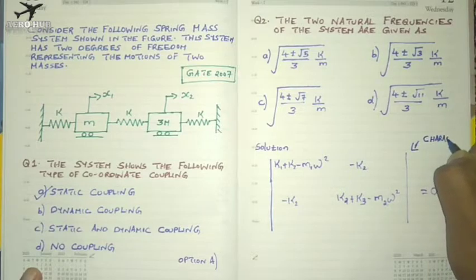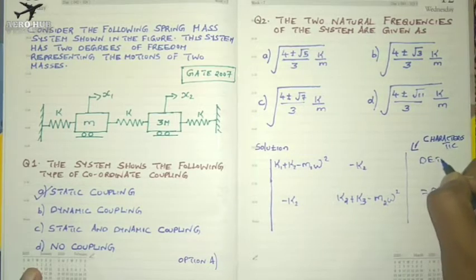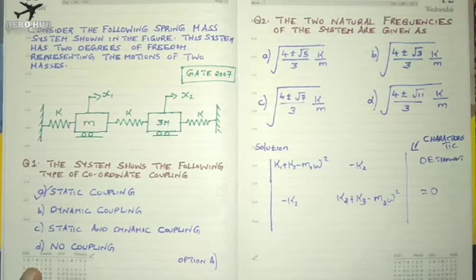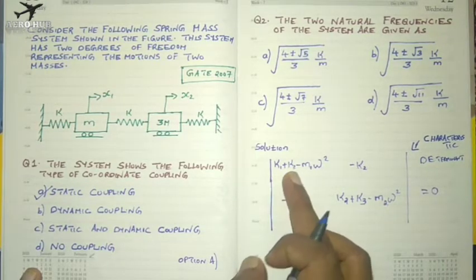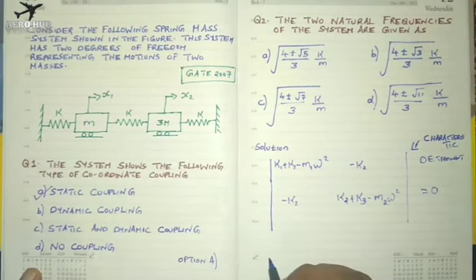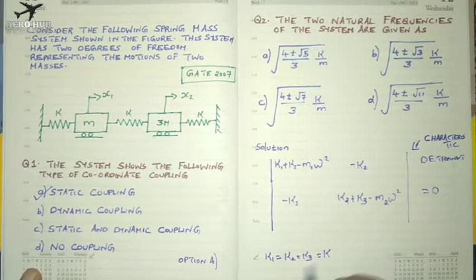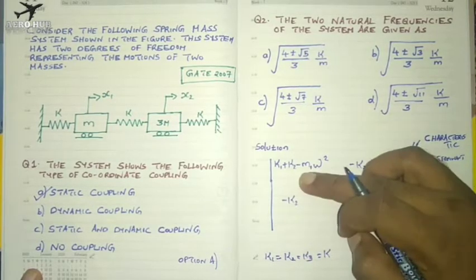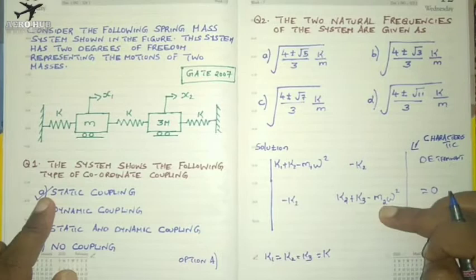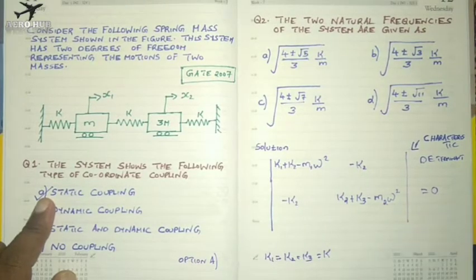From the characteristic determinant, we find the characteristic equation, and solve it to find the natural frequency of the system. You have to understand that k1 is equal to k2 is equal to k3 is equal to k, and m1 is equal to m, and m2 is equal to 3m, as shown in the figure.